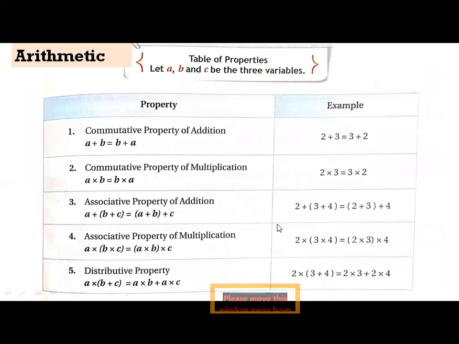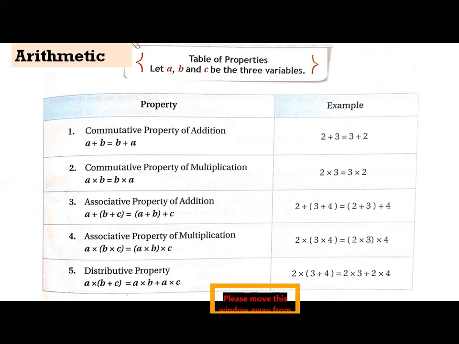And the next topic is arithmetic. Now we are going to discuss how algebraic expressions, that is variables, are used in arithmetic. Look at the table. We are going to see some properties. The first property is the commutative property of addition.